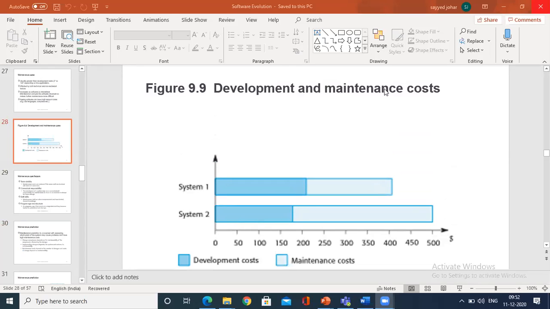Whereas in the case of system two, you could see the development cost is much less, and almost 100% of the cost is on the maintenance. However, there should be a plan based development, so that the maintenance cost is matched equally with the development cost. Okay.